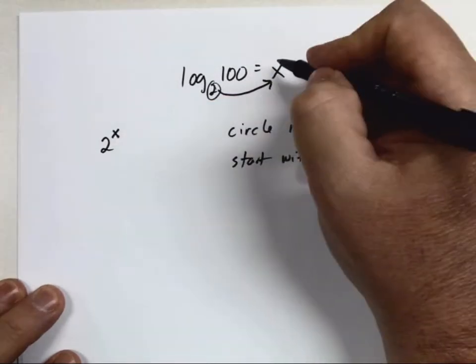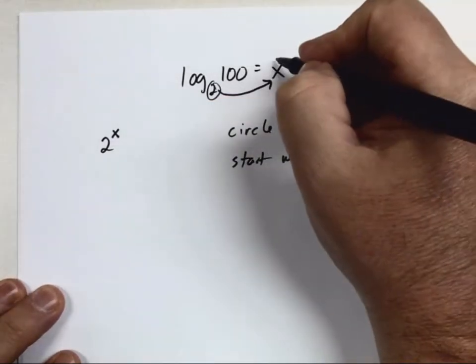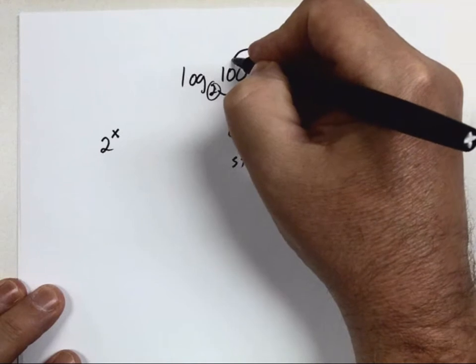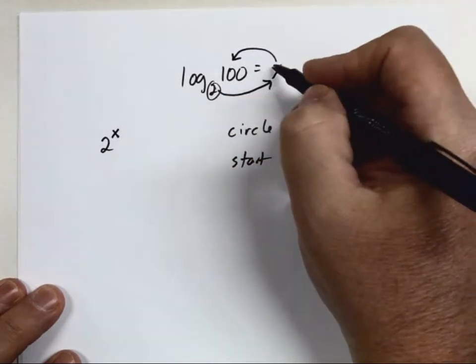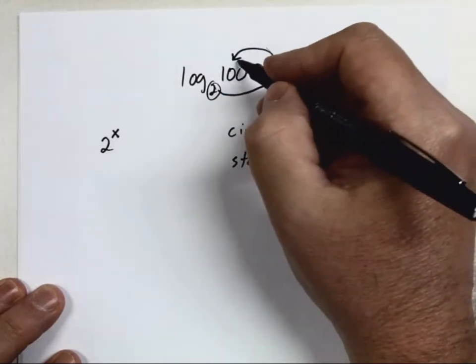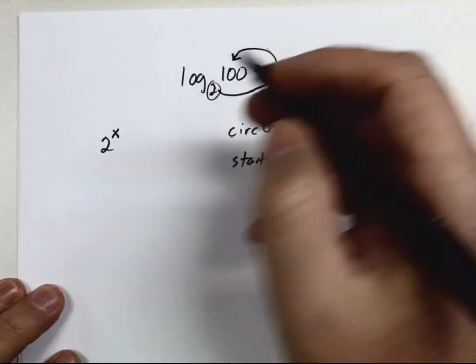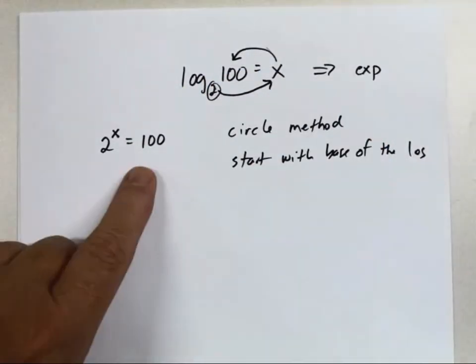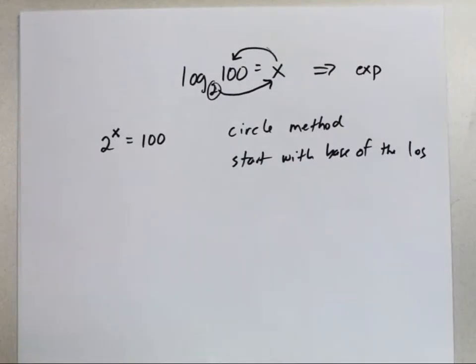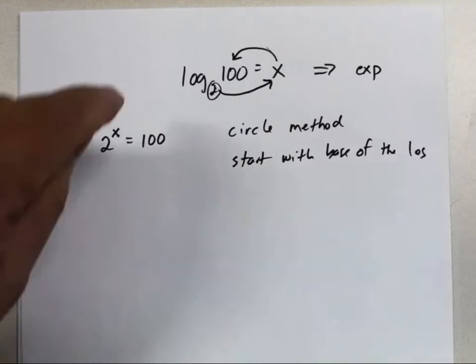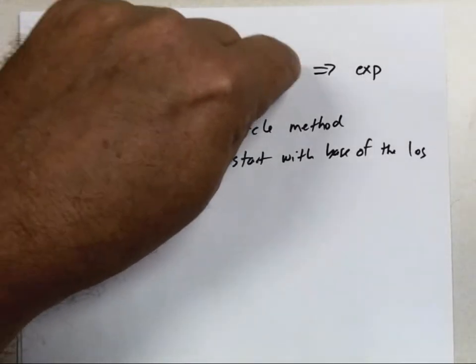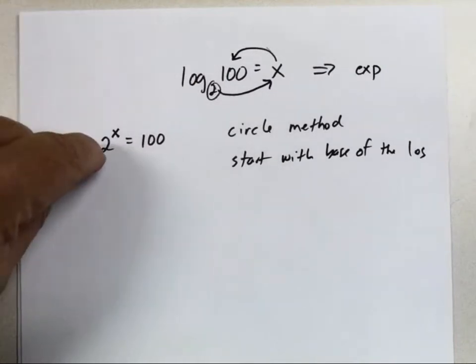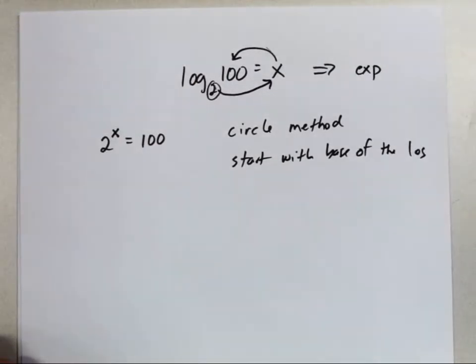And then, this is where the circle idea comes. Then you go back to the original side, to the inside of my log, equals the inside of the log. Log base 2 of 100 equals x can be written as 2 to the x equals 100.